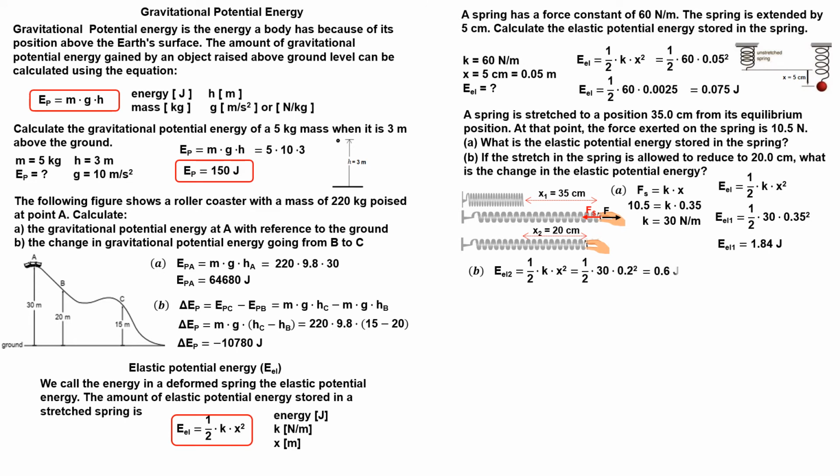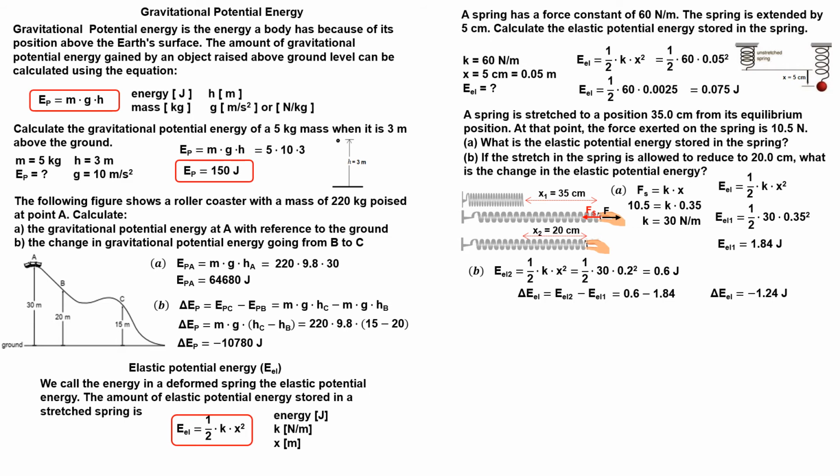Then subtract from that value the answer to part A. The elastic potential energy for a stretch of 0.2 meters is 0.6 joules. The change in elastic potential energy is minus 1.24 joules. The spring loses 1.24 joules of elastic potential energy between points 1 and 2.